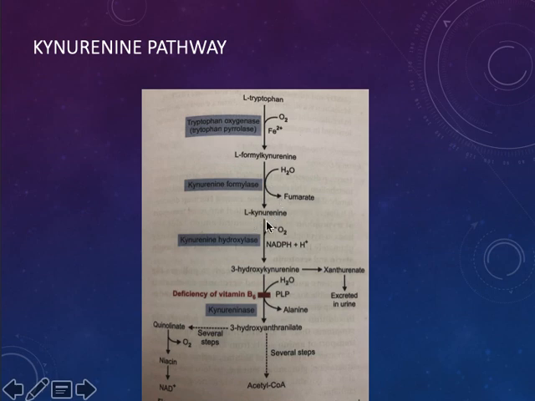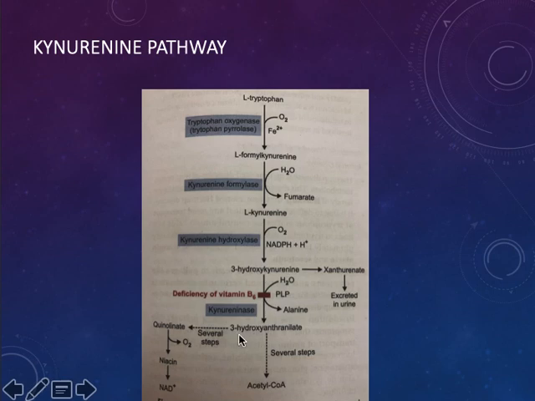This kynurenine, in the presence of kynurenine hydroxylase enzyme, NADPH and H, gets oxidized to form 3-hydroxykynurenine. This 3-hydroxykynurenine, in the presence of kynurenase enzyme, which requires pyridoxal phosphate as the coenzyme, utilizes a water molecule to form alanine, and this alanine enters into the glucogenic pathway.